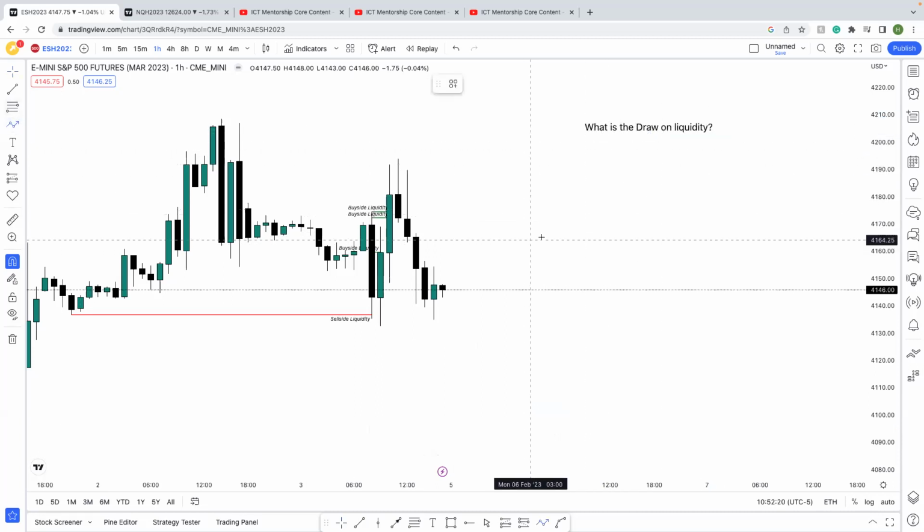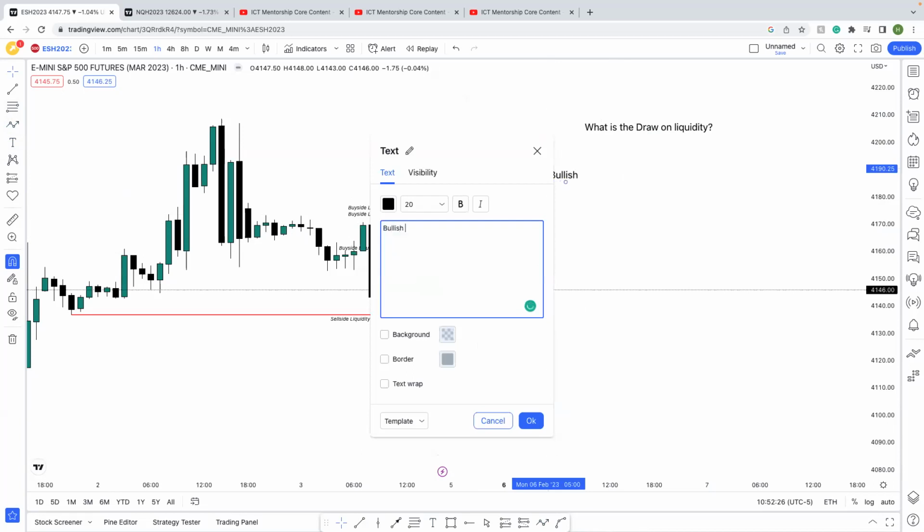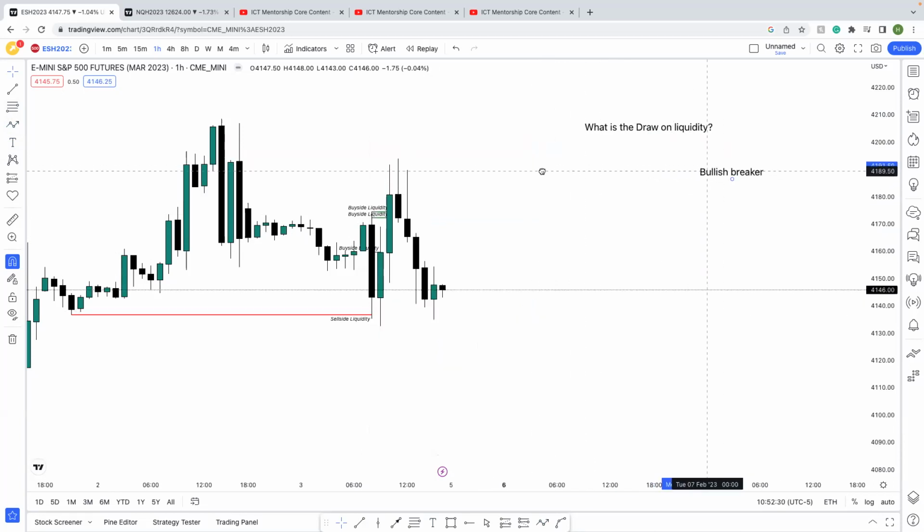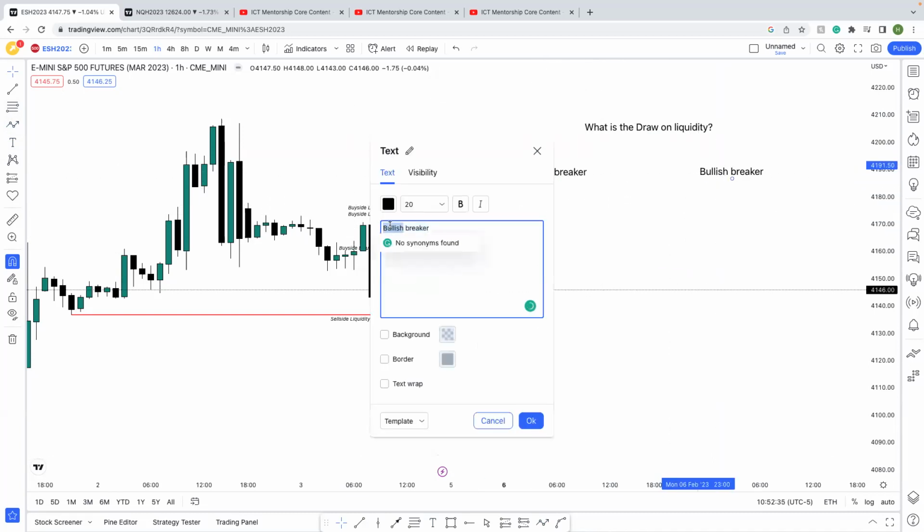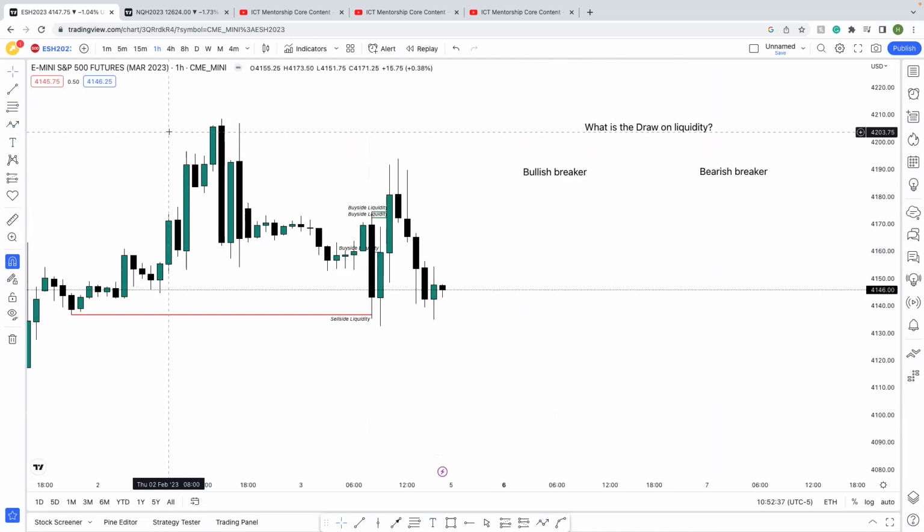And then here's basically the format for any breaker block that we see. First I'll do the bullish breaker, and then the bearish breaker.